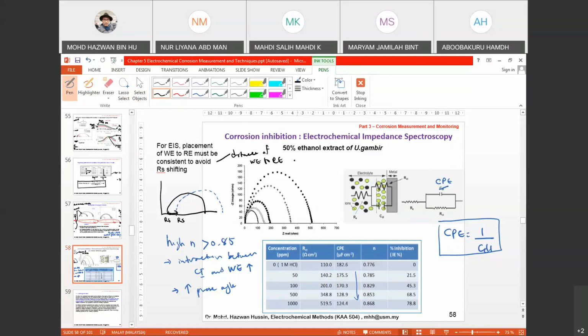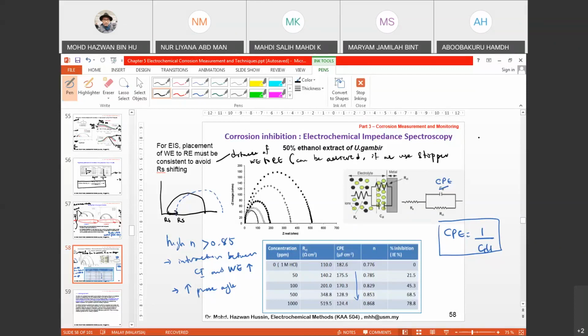So how can you achieve this? The consistency of the distance of the working electrode to the reference electrode can be achieved if you use a stopper.